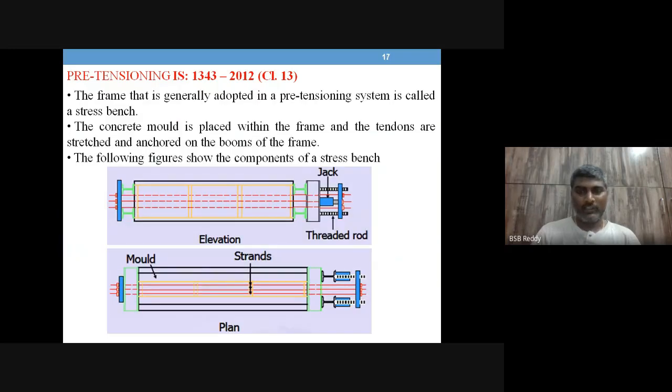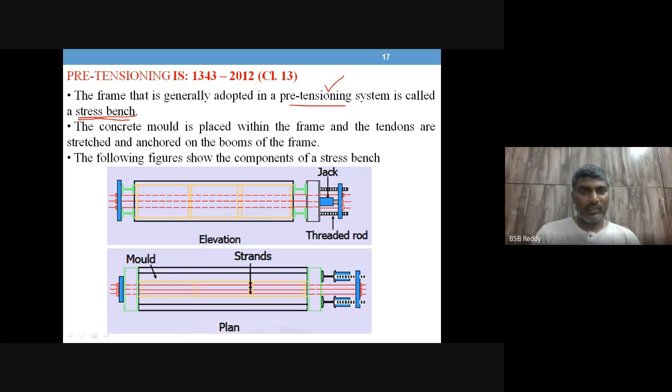Okay, so this is how it will go now, right? The frame that is generally adopted in the pre-tensioning system is called a stress bench. Okay, the tension frame, the name particular to the pre-tensioning system, is stress bench.